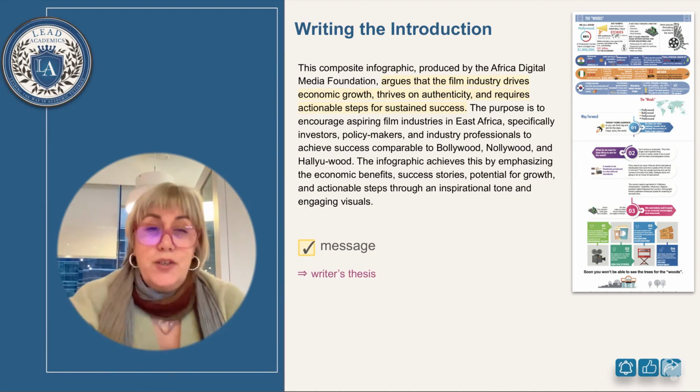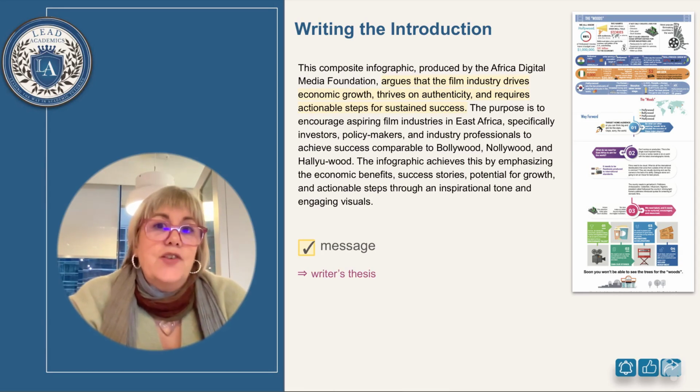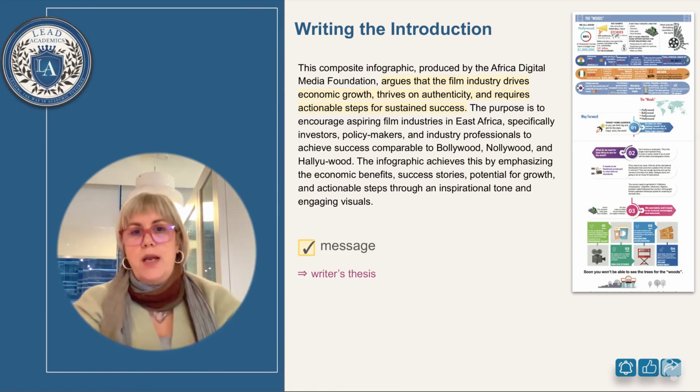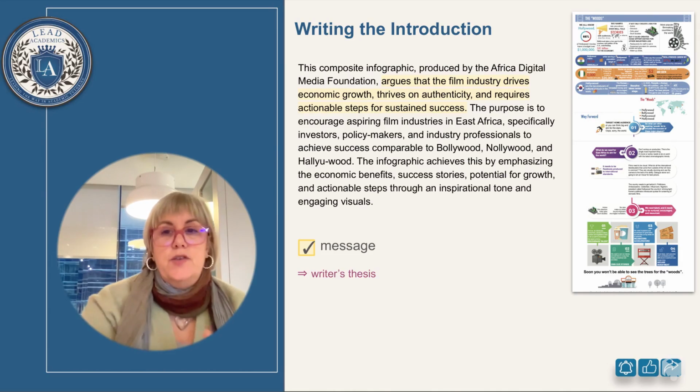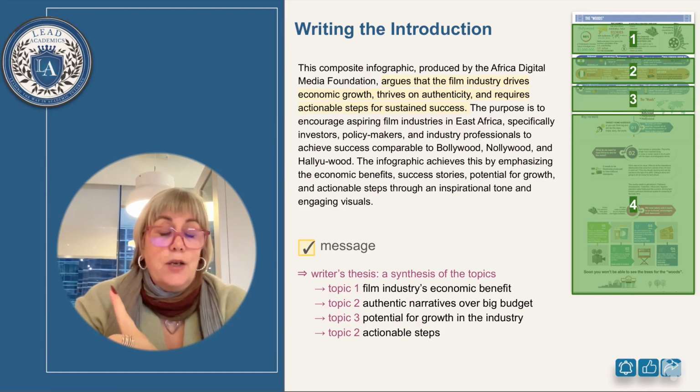You want to mention the message. This is difficult for many of my students, finding the message. Basically, it's the comment on the subject. The subject is the film industry. The comment is housed in the arguments. We see that on the right-hand side. There are four main arguments. The top one is the film industry's economic benefit.